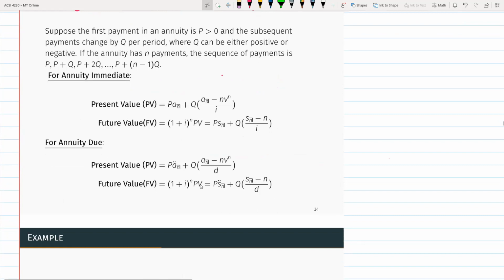The formula is this one. These two formulas you need to remember and memorize.